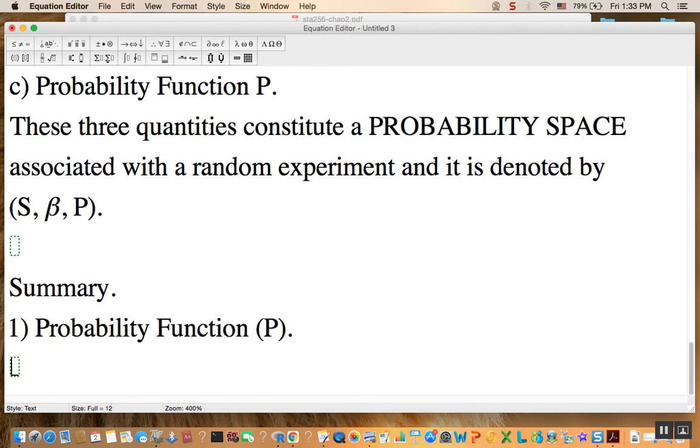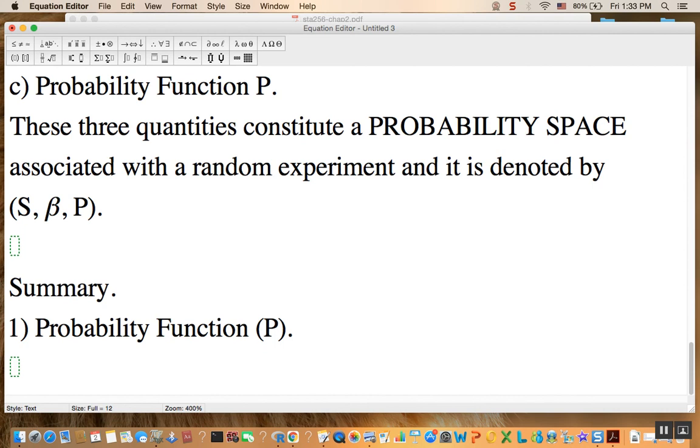So that's why we had to talk about that guy, because the Borel field is going to give us this wide variety of combinations of events, basically all the events that we could be interested in.